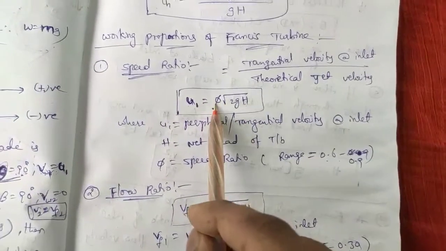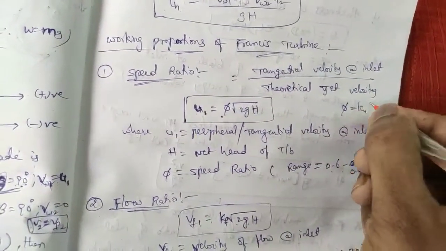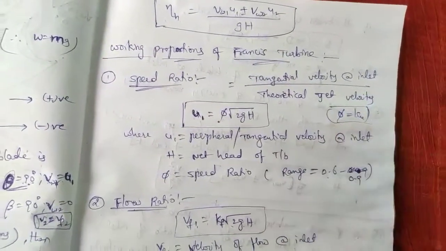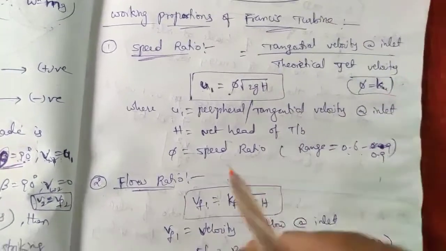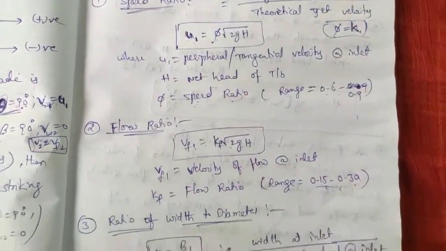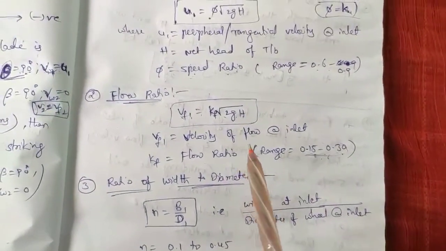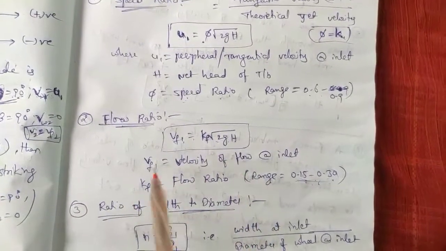In some textbooks this phi is also written as KU. Whatever the symbol, it is the constant, so you mention that symbol name, that means phi equal to speed ratio. So don't bother about it.